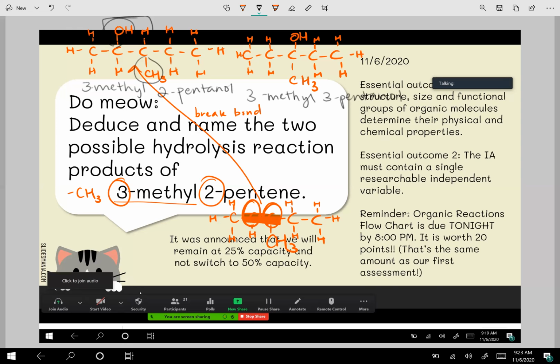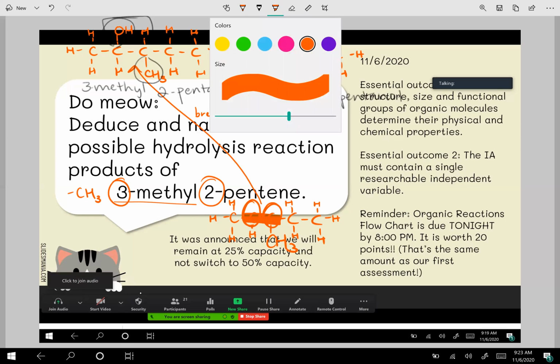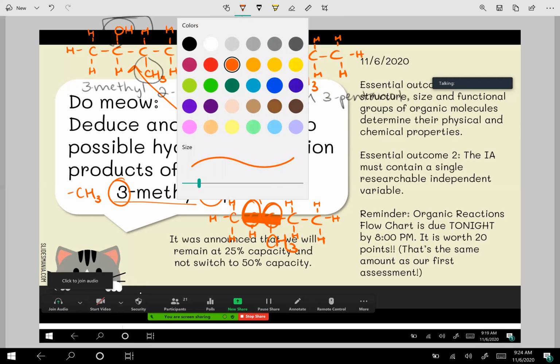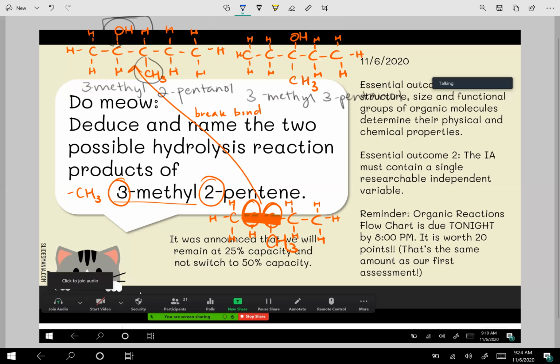Okay, I have a question for you all then. Let's see, we'll look at this one first. So the 3-methyl 2-pentanol, I want to know if this is a primary alcohol, a secondary alcohol, or a tertiary alcohol.